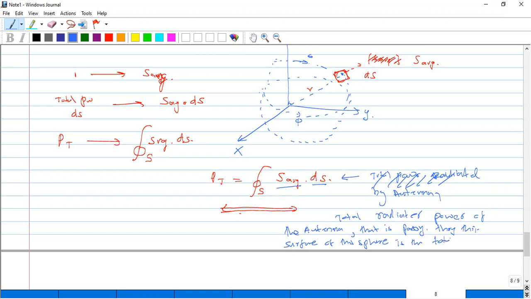No? That is the total radiated power. And you can see that this should be a vector, and also this is a vector.